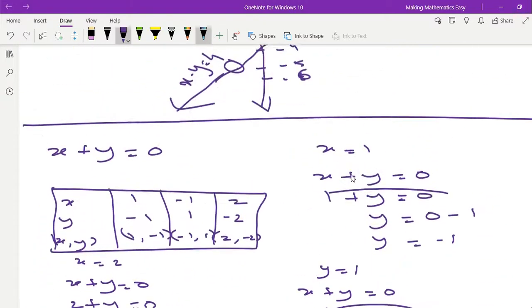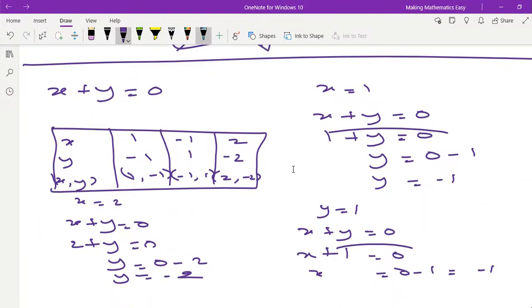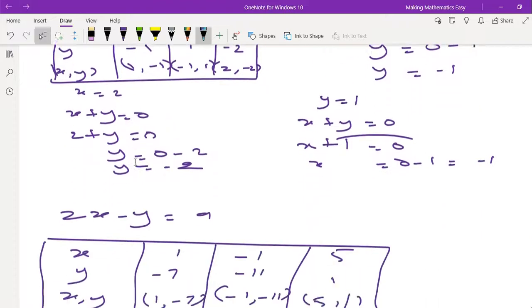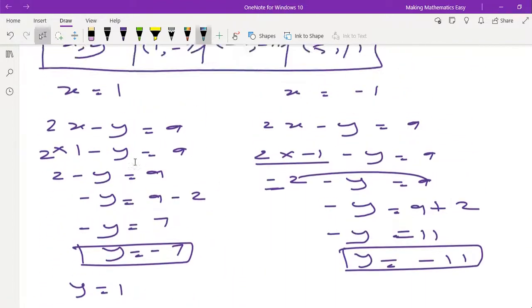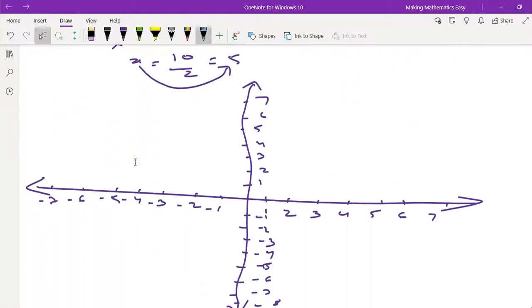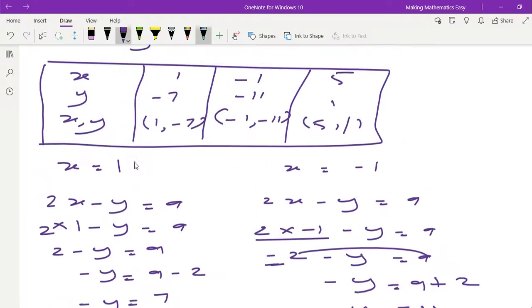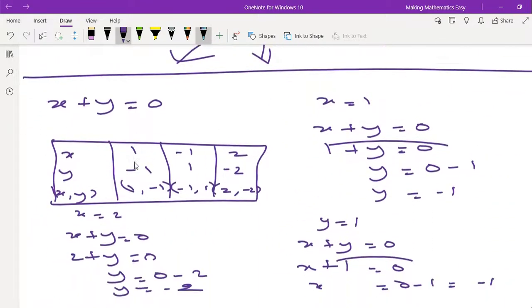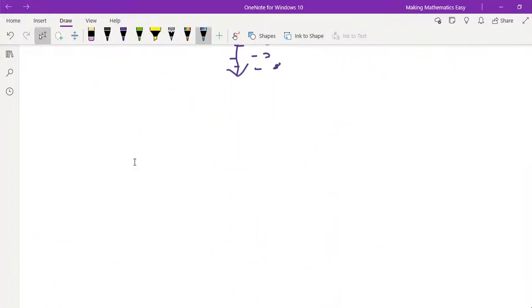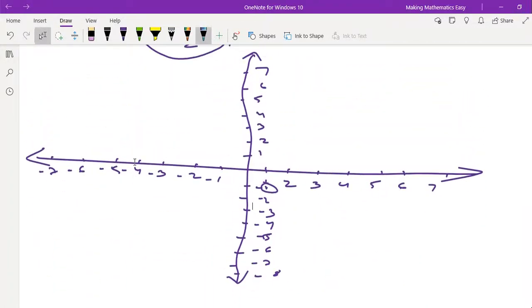So first we will go with the first equation, which is 1 comma minus 1. So 1 comma minus 1 will come over here. This is the point. Now next is minus 1 comma 1, so that will come over here.